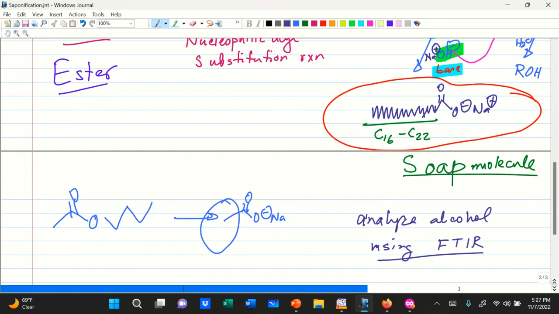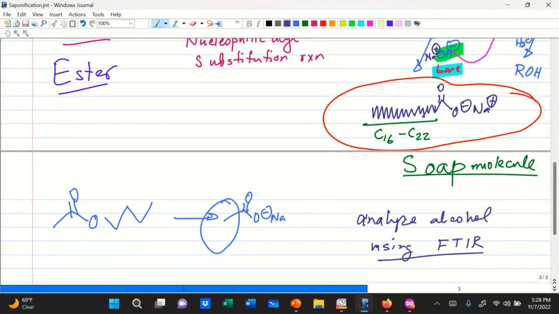Now you cannot use TLC on these. TLC is totally useless, and try to understand the chemistry aspect. In a TLC the stationary phase is silica, which is a highly ionic, highly polar substance. Your products here are a carboxylate salt and an alcohol. Both of them are polar, meaning none of them are going to move on a TLC plate. So that is obsolete.